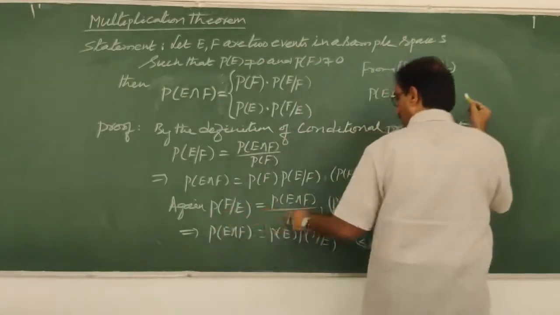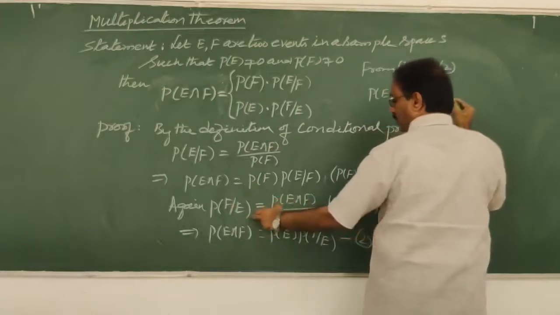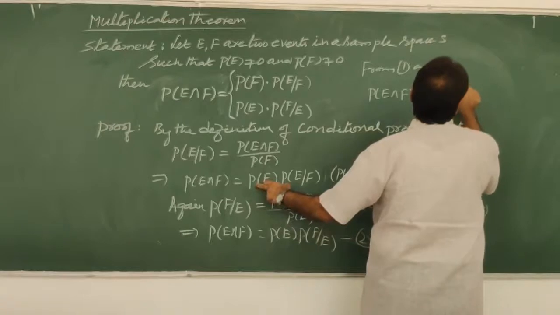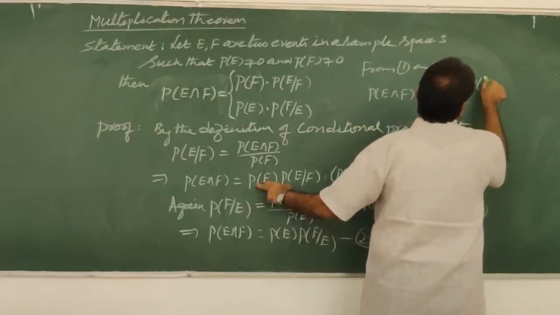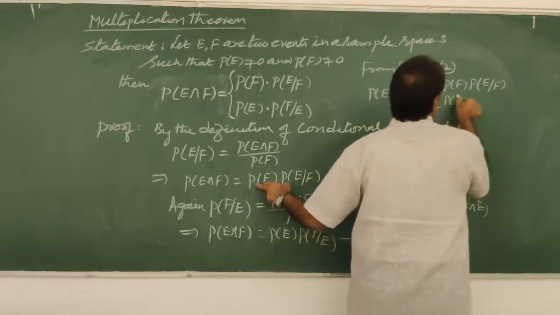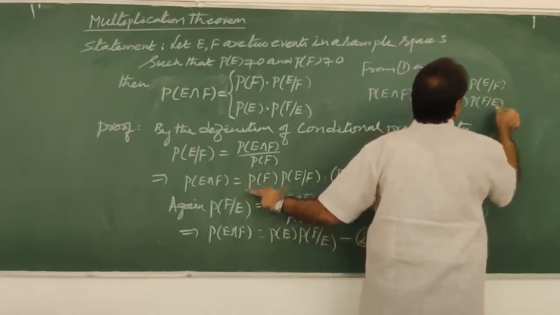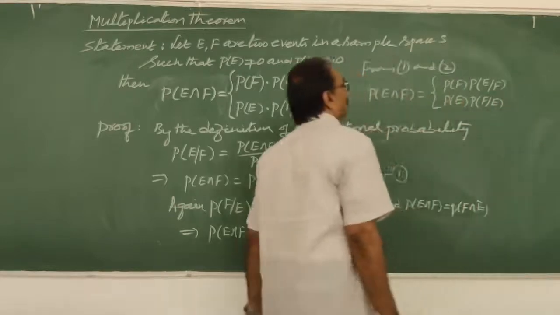This one you write now. P of F into P of E given F, and P of E into P of F given E. That's all. That is the theorem.